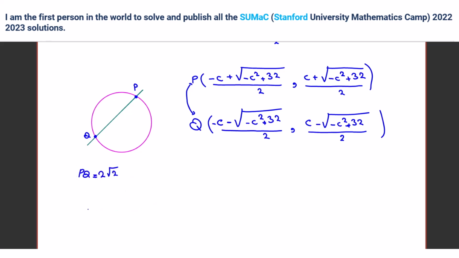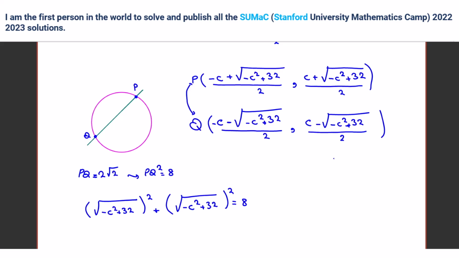PQ is 2 root 2, so PQ squared is 8, right? Yeah. Okay, if you subtract, negative c over 2 and negative c over 2 cancel each other out. This minus this is the square root of negative c squared plus 32, whole squared, right? Plus, if you subtract this, it would be the square root of negative c squared plus 32, whole squared, equals 8.